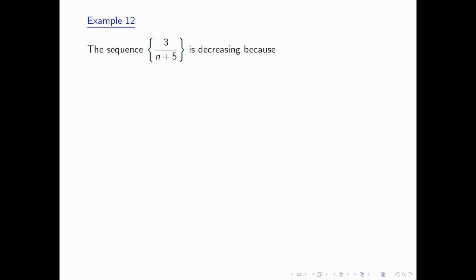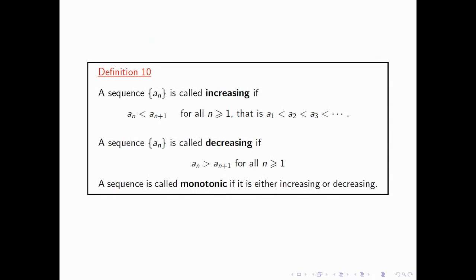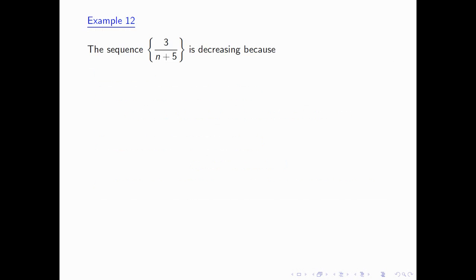So let's look at example 12. We're going to show that this is a decreasing function, and we're going to prove it using the condition that you see in front of you now. We're going to prove that an is less than an plus 1 for this function. How are we going to do this for the sequence?